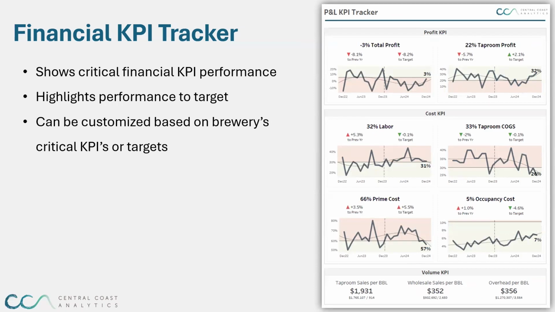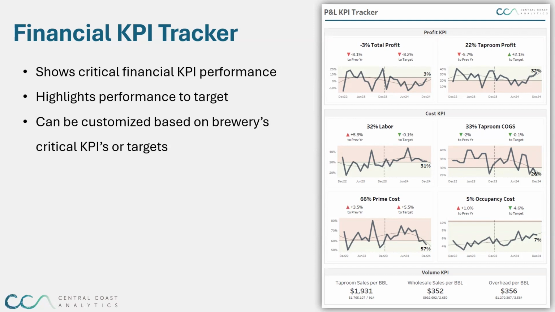So now we're going to look at some different financial KPIs, or different ratios or measures that are widely used across the industry. And we can do some customization of this one if these aren't necessarily the ones that you're concerned about. The ones I'm showing on the screen have a little bit more to do with a tap room that's doing food. If you had other financial KPIs that were critical to you, we could get those in the same format.